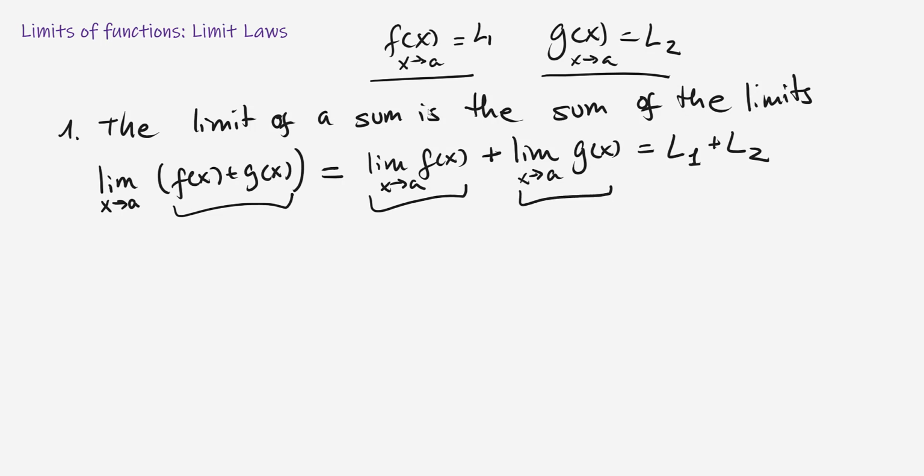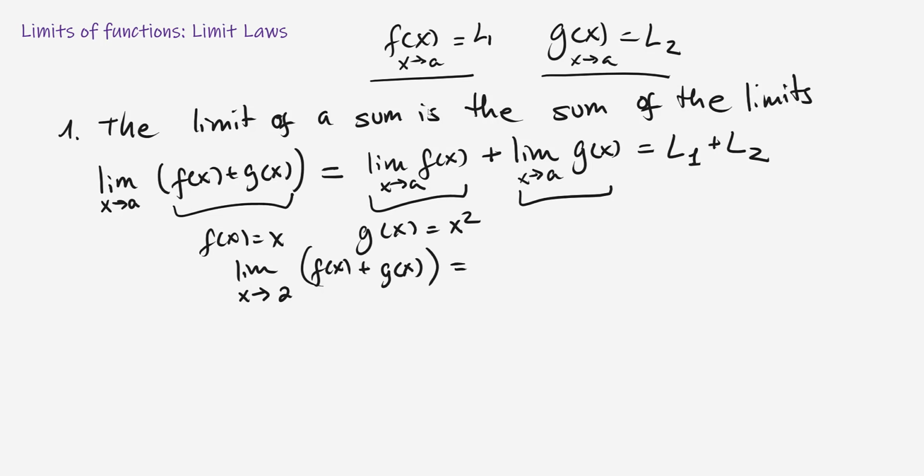For example, if f of x equals x and if g of x equals x squared, then the limit as x goes to 2 of f of x plus g of x is equal to the limit of f of x plus the limit of g of x, each one of these as they go to a.